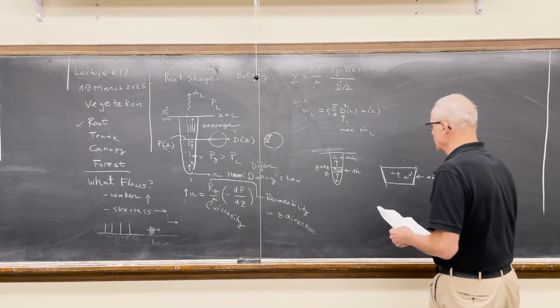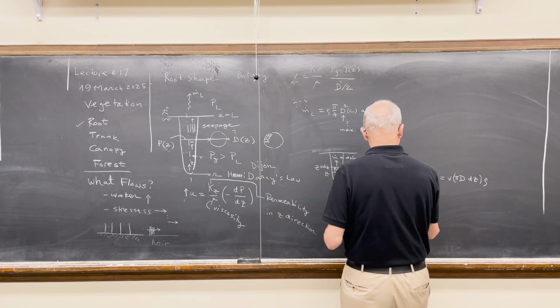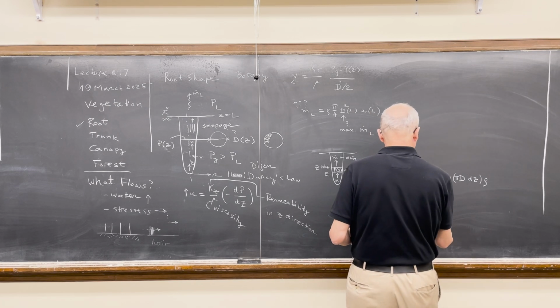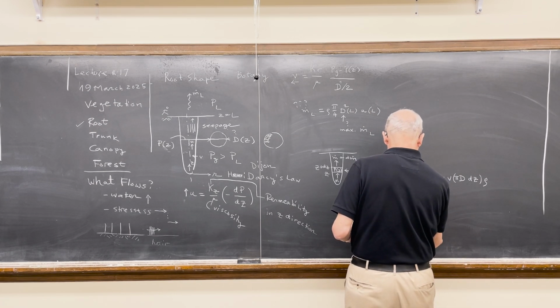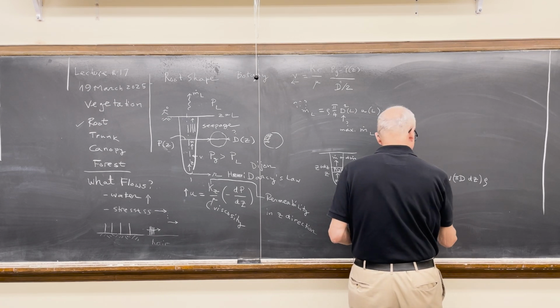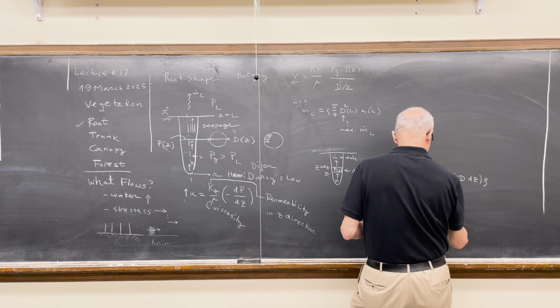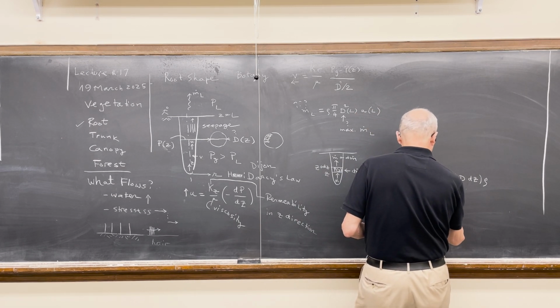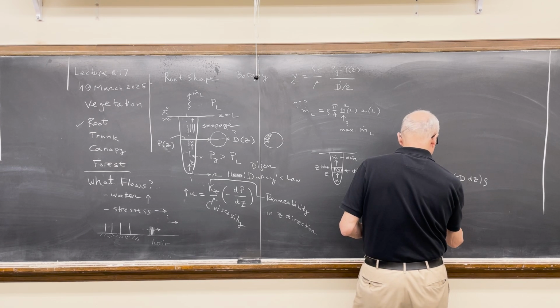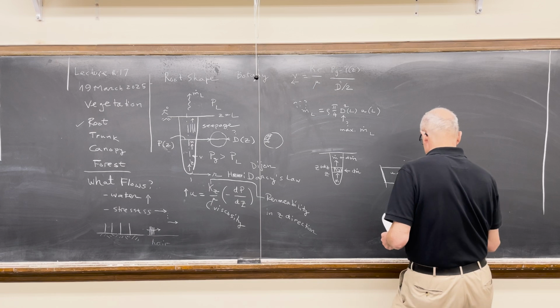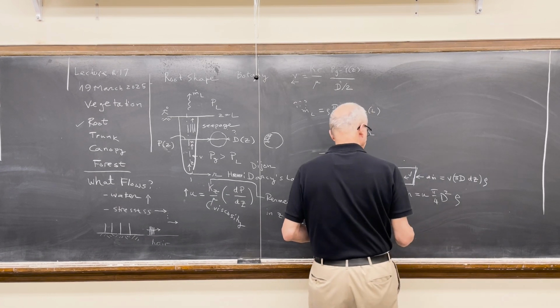The mass flow rate vertically, m dot, equals, with the same sort of thinking, u times the cross-sectional area, which is pi over 4 d squared, times the density of water. All right?